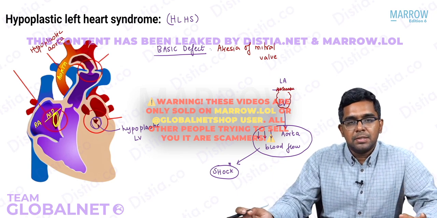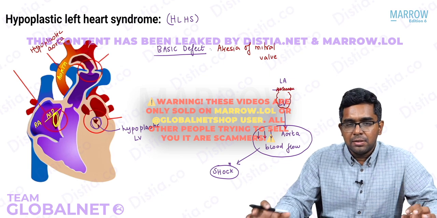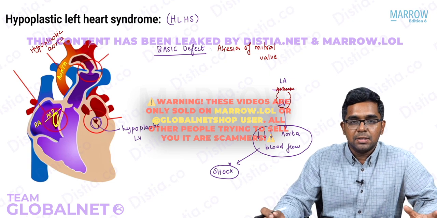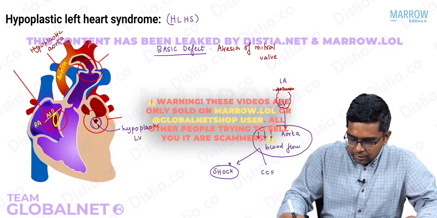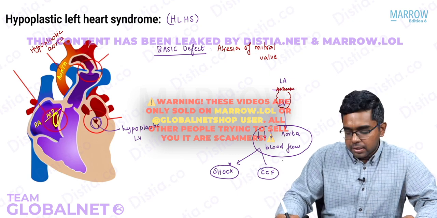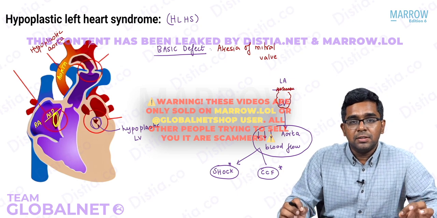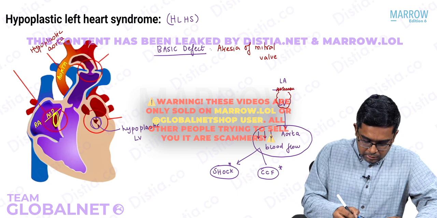What is the other type of presentation? Because of block at the level of the mitral valve, there is so much of congestion inside the other chambers of the heart. This congestion will result in development of congestive cardiac failure. Again, congestive cardiac failure also occurs in the neonatal period, and that too in the first week of life itself. So this is a very famous question.